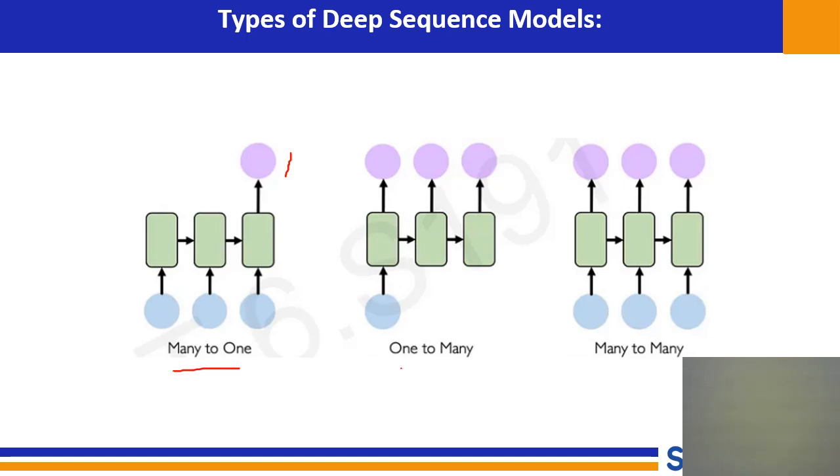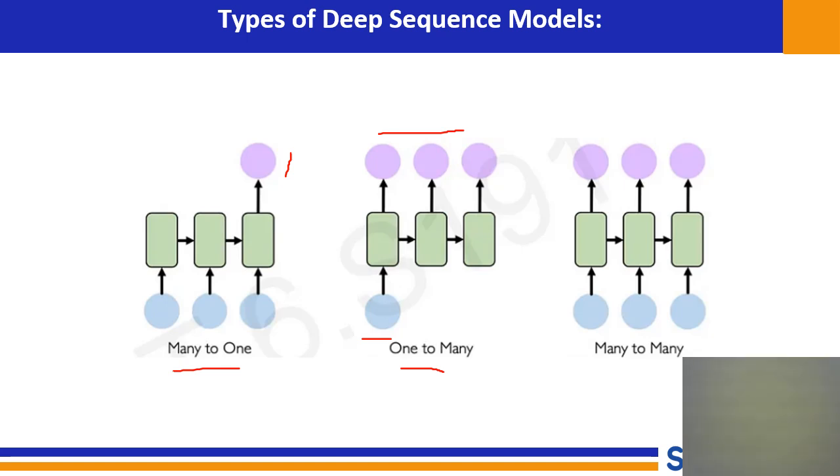Next one is one-to-many. A model where your network is fed only one input and is expected to give multiple outputs of variable length. Example, image captioning. You give your model one image and your model will output a description of what the image is about.